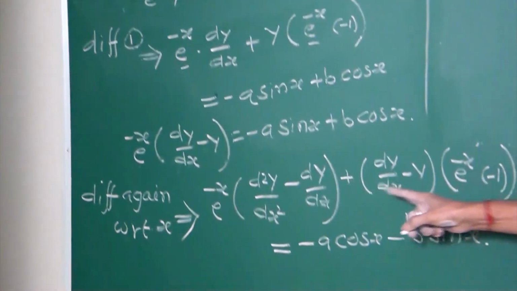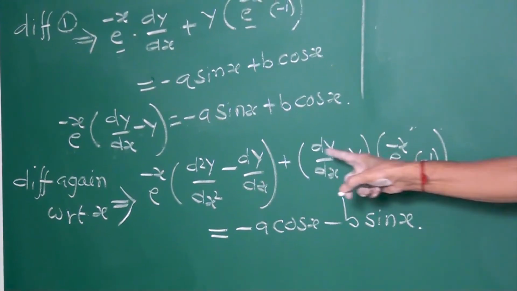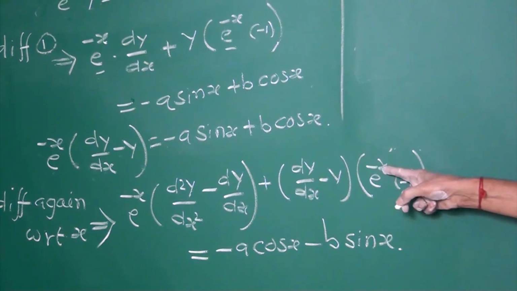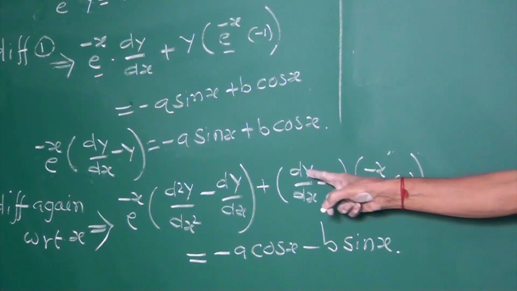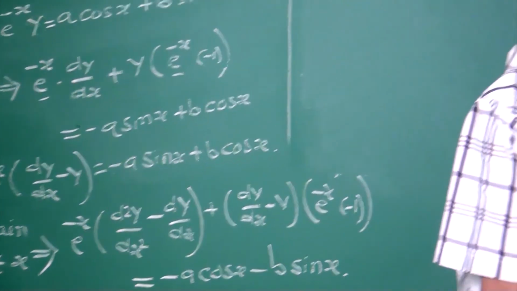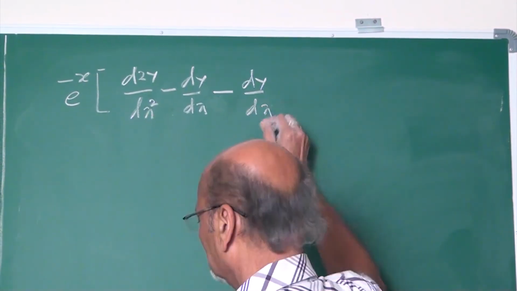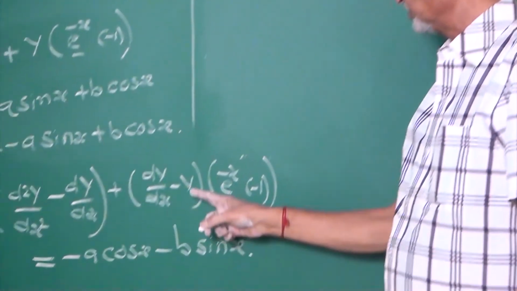Here, plus with minus is minus, so taking common, minus dy by dx. What about this?